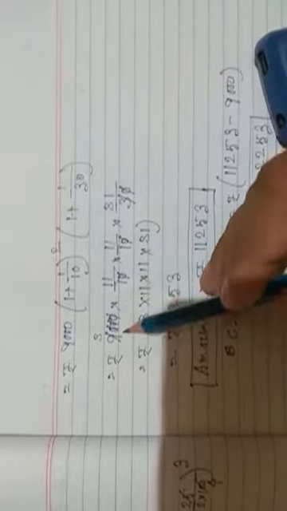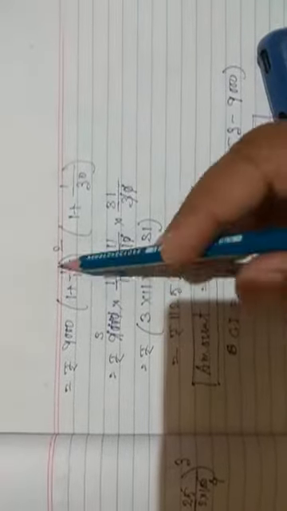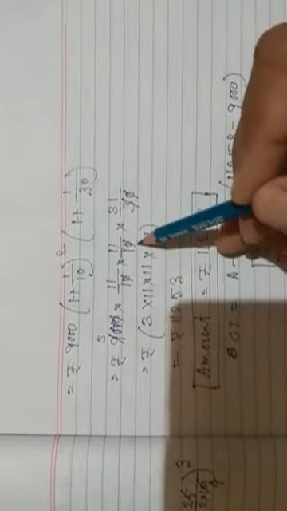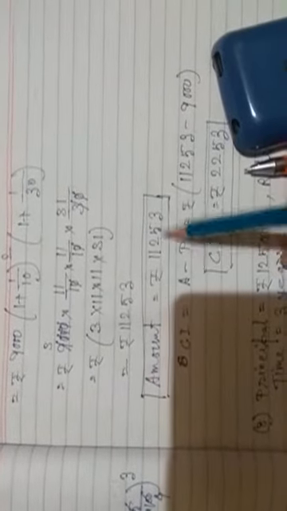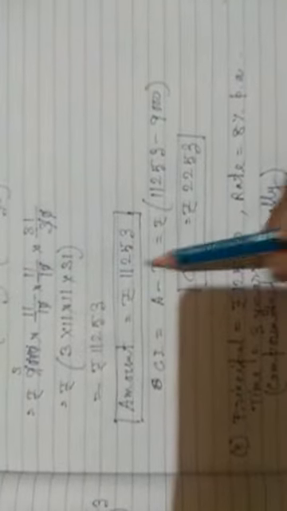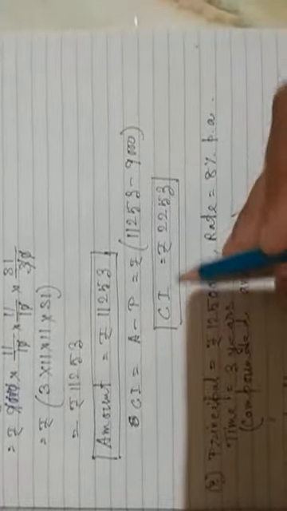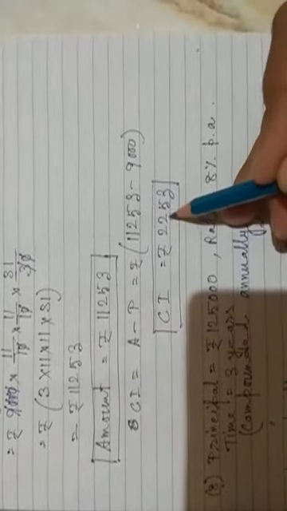So 9000 into 11 by 10 into 11 by 10 and into 31 by 30. So after the calculation, amount equal to 11,253 and compound interest equal to amount minus principal. This is the amount 11,253 minus principal 9,000 equal to compound interest 2,253.